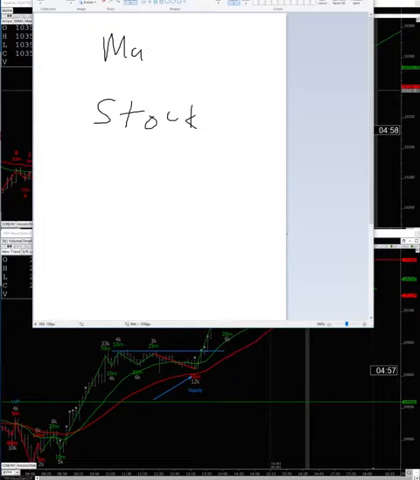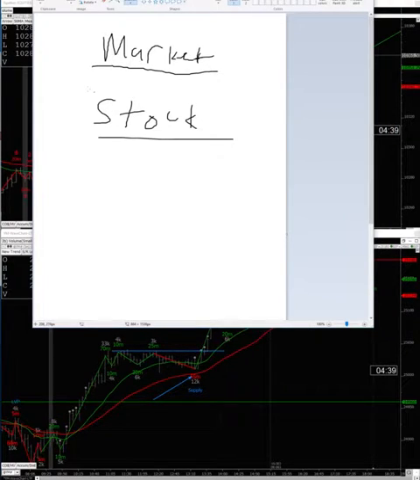And what Wyckoff says is there can be no divergence between the two. Meaning the market is going up, you get a stock that's going up. And not only do you get a stock that's going up, you get a stock that is stronger than the market. And how do you tell?